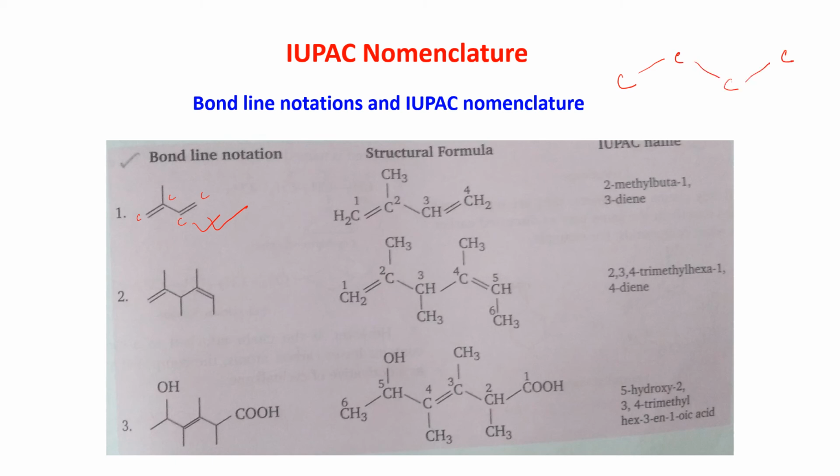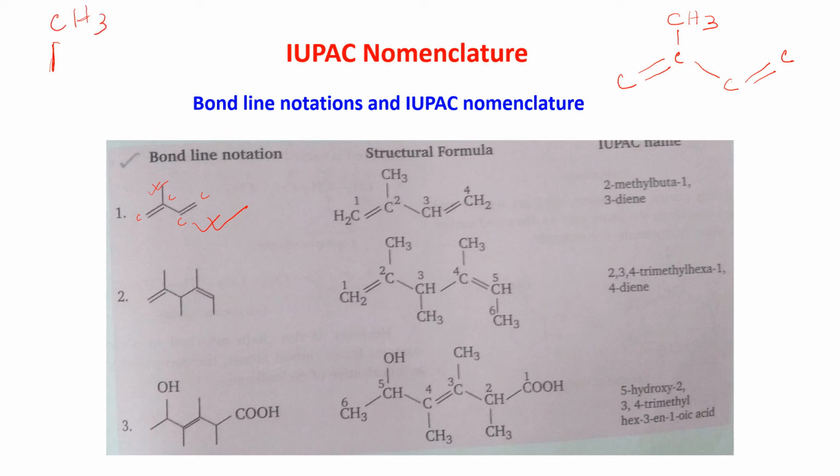Then here is a double bond and here is also a double bond. Now you can see one dash here. This means that a CH3 group is present. But for writing the bond line notation, you will not write CH3. One line means one CH3 group is present there. It is CH3. Okay, CH3.